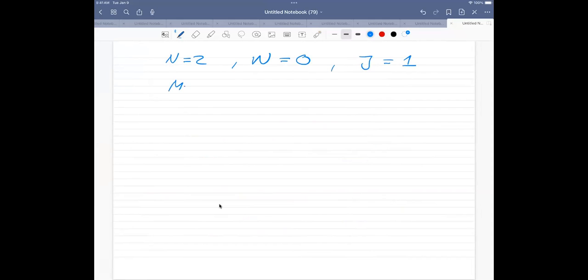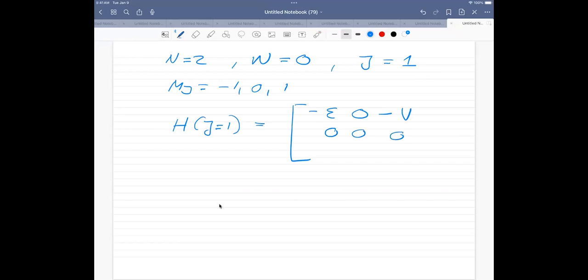So we would have states with mj equal to -1, 0, and 1, giving a 3 by 3 matrix. You can show that this matrix, for j equal to 1 in the Lipkin model, is given by minus epsilon, 0, minus v, then 0, 0, 0, then minus v, 0, and epsilon.